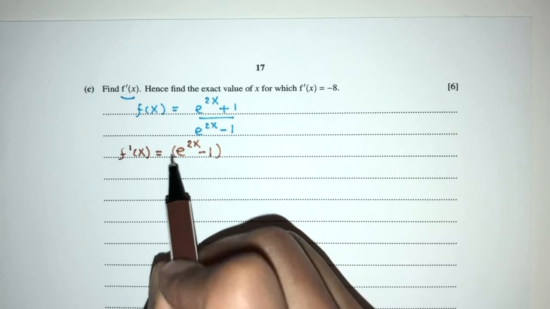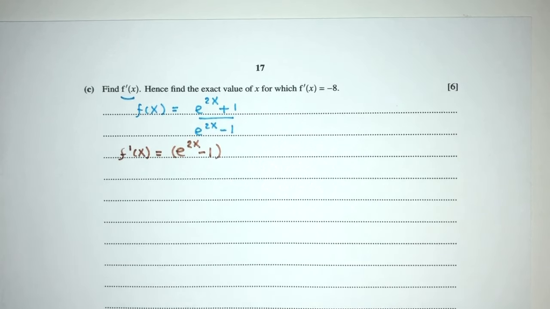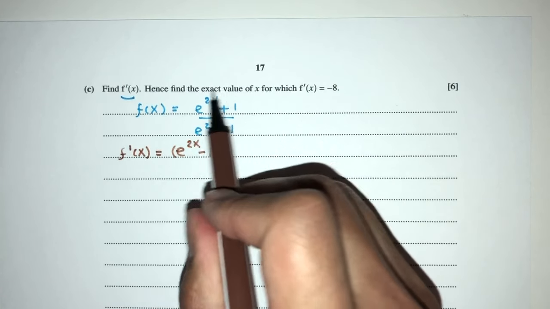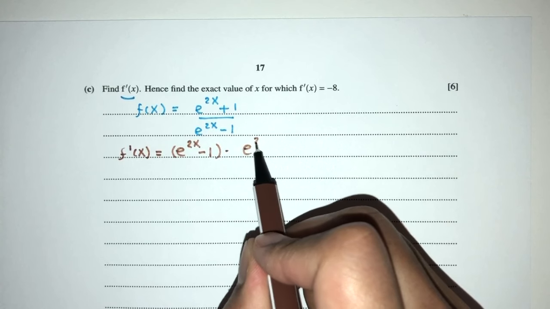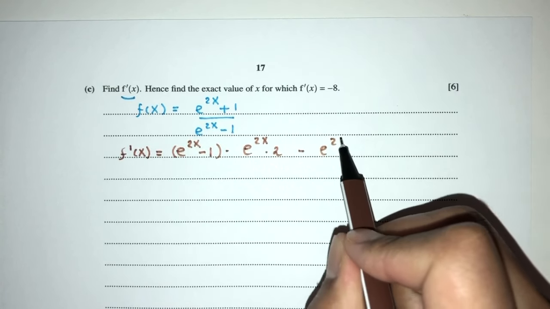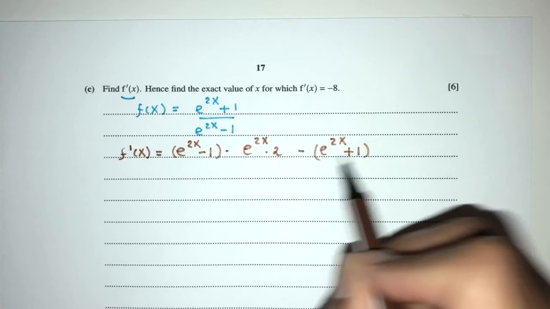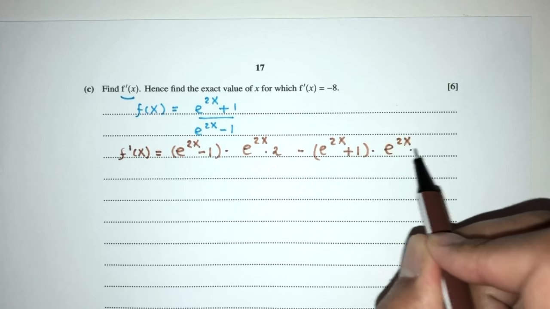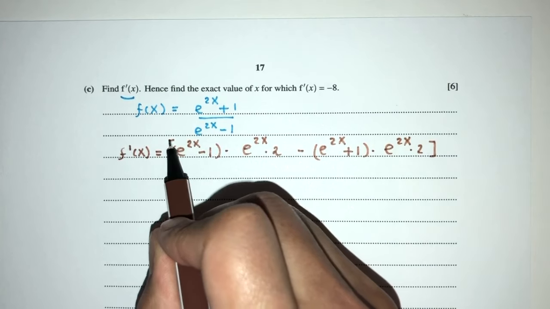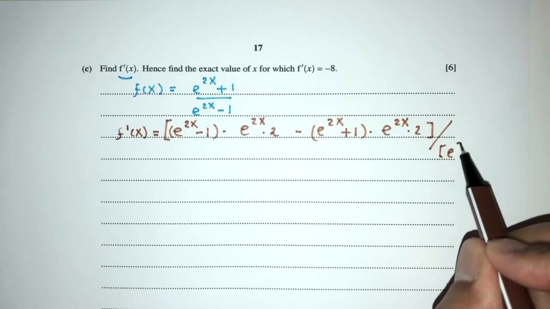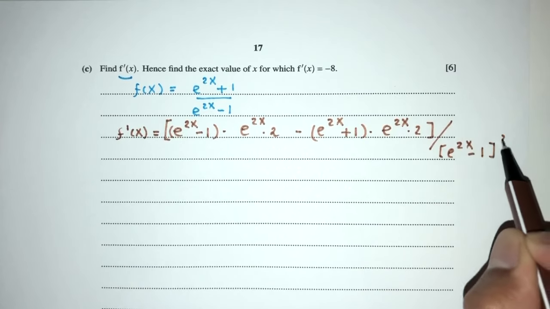This is the formula I'm using for the quotient rule. And multiply by d/dx of this one, that will become exponential 2x times 2, then minus the numerator times d/dx of this one, that will be exponential 2x times 2. Then divide by the denominator squared.